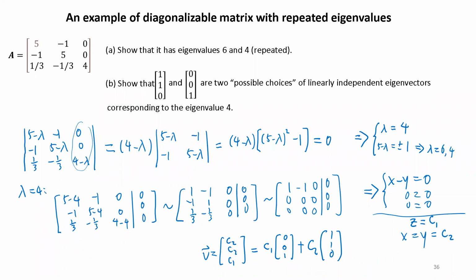And if you go ahead and also do the lambda equals 6 case, which I won't repeat the whole calculation for, you should be able to find that the eigenvector is this.